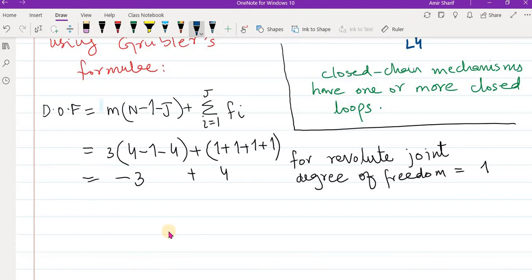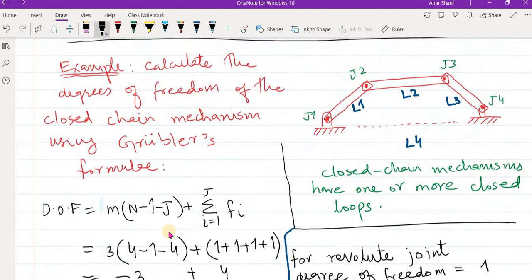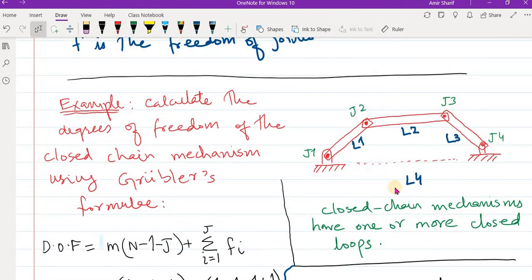So the total degree of freedom will be 1 for this closed loop mechanism. This is how we calculate the degrees of freedom of mechanisms.